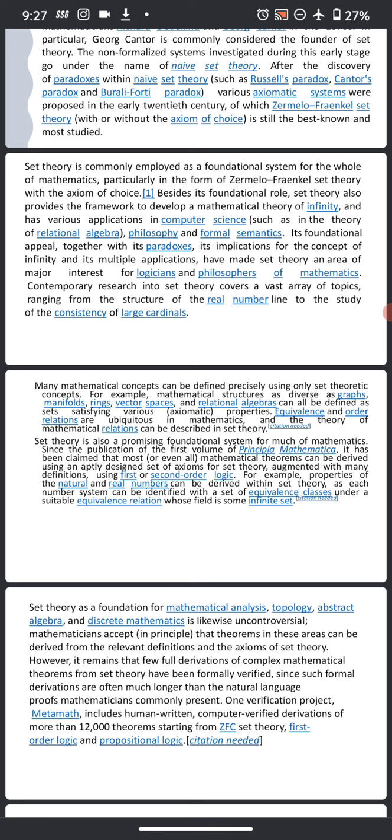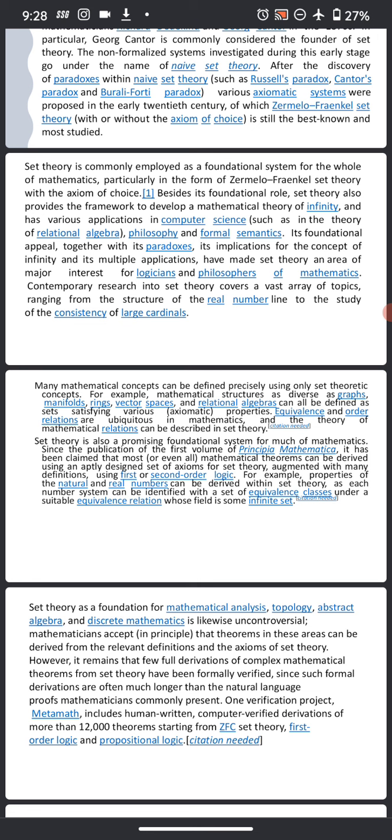Since the publication of the first volume of Principia Mathematica, it has been claimed that most or even all mathematical theorems can be derived using an aptly designed set of axioms for set theory, augmented with many definitions using first or second order logic.